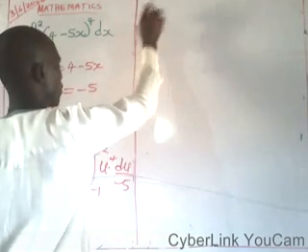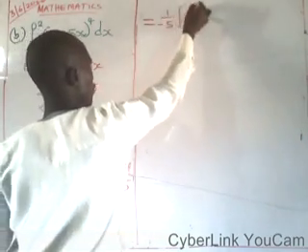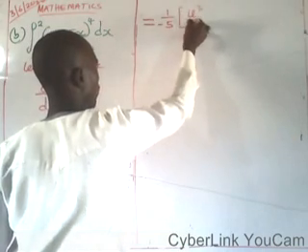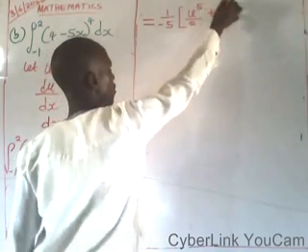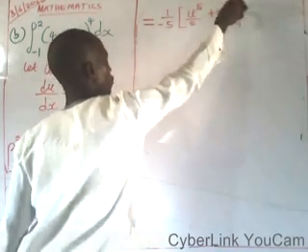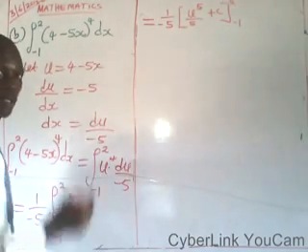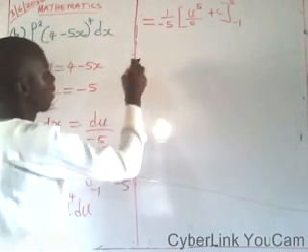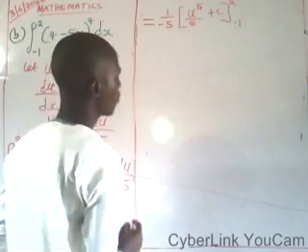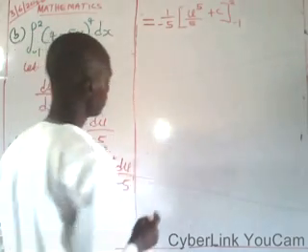Which is equal to what? 1 all over minus 5, open the bracket, u raised to power 5 all over 5 plus c, close the bracket, from minus 1 to 2. So if I like, I can have it as over minus 25. If I multiply it with a constant, I will still have a constant.